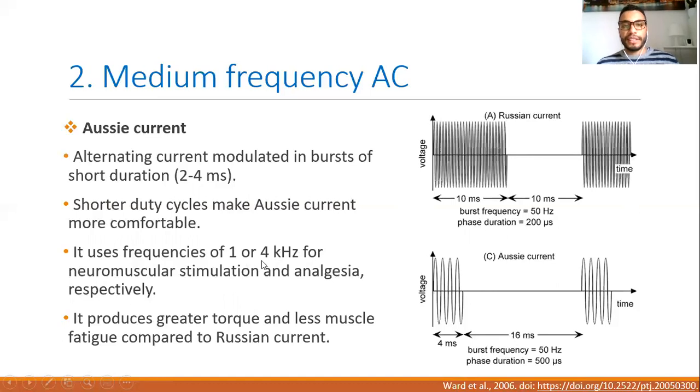And the big advantage compared to the Russian is that Aussie current produces greater torque in the muscle and also reduces the rate of muscle fatigue in the patients. So those are the big advantages.